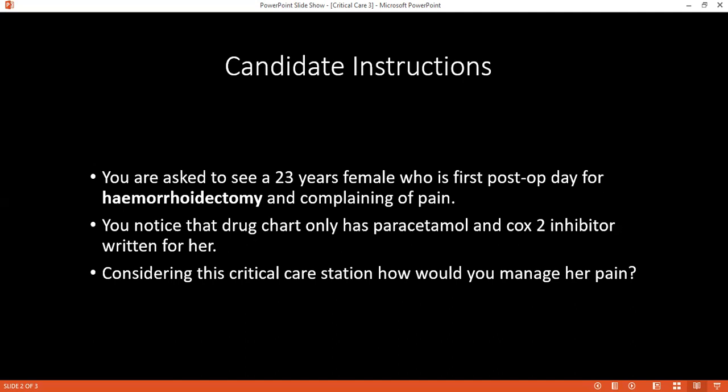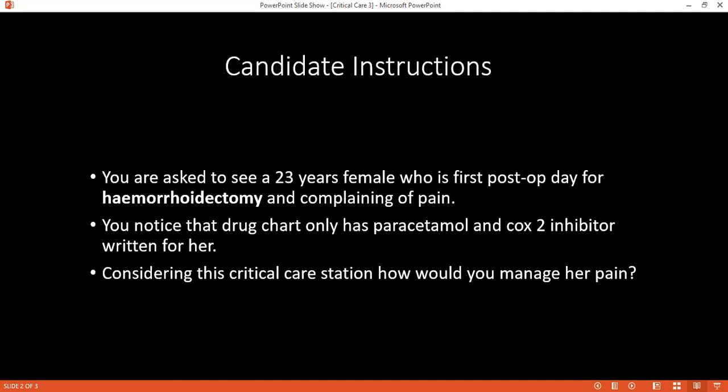What precautions do you have to keep in mind while giving an epidural block? Um, precautions. The patient is in pain and is post-operative, right?